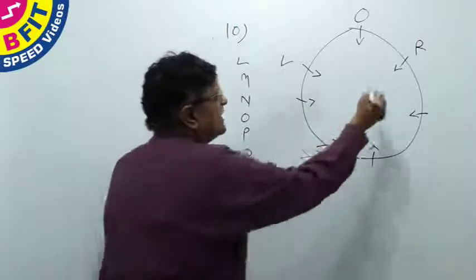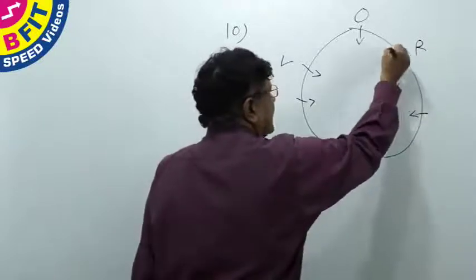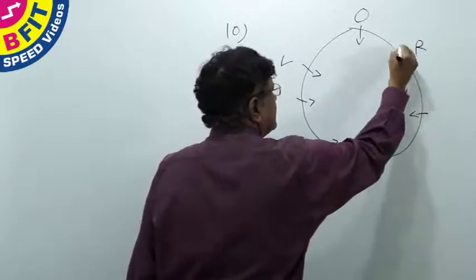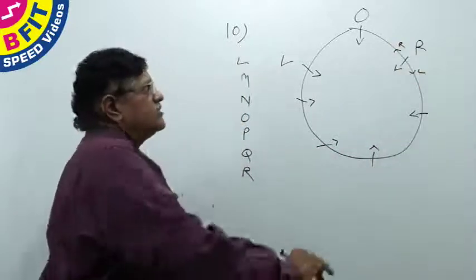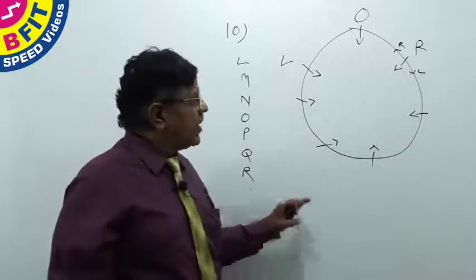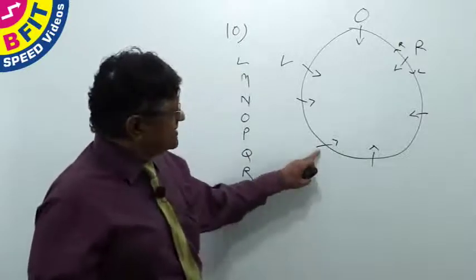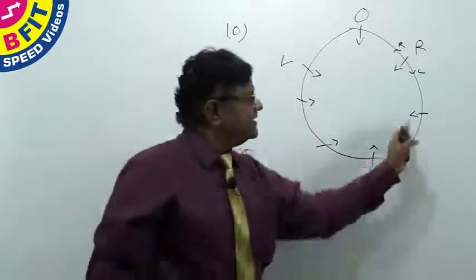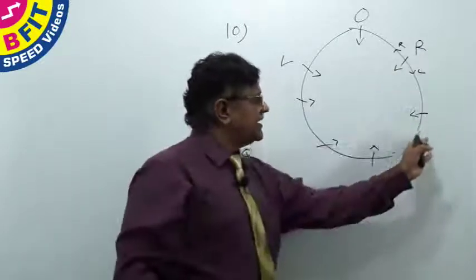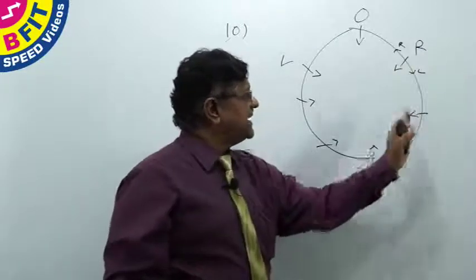Now they are all sitting facing the center. This is the right and this is the left. You think you are sitting there, then you know which is right, which is left. To avoid any confusion, suppose you are sitting here, this is left, this is right.